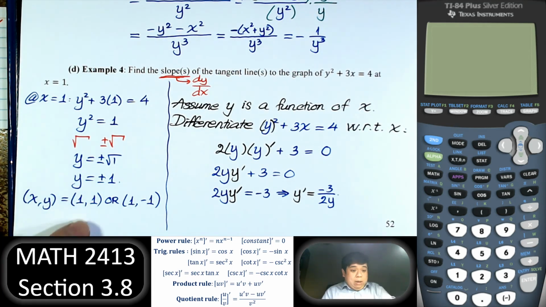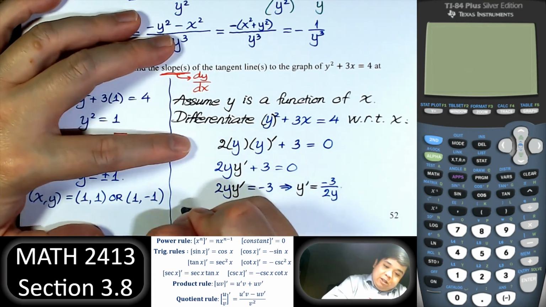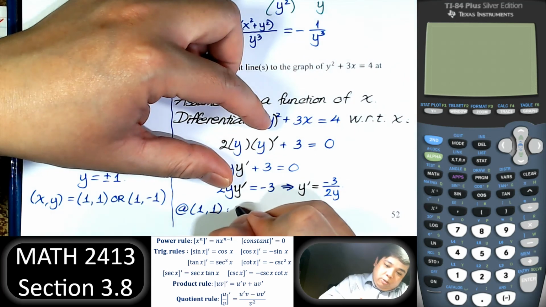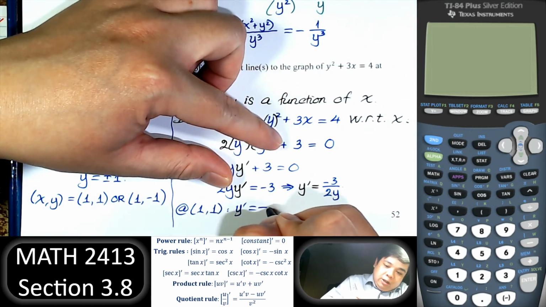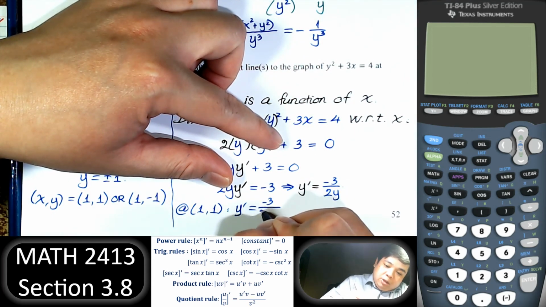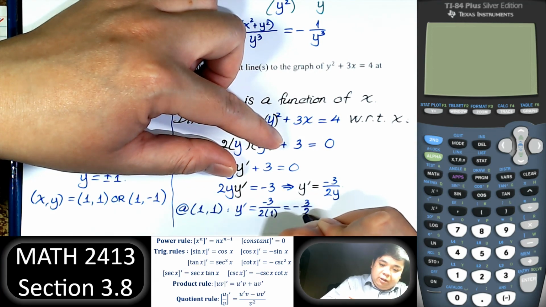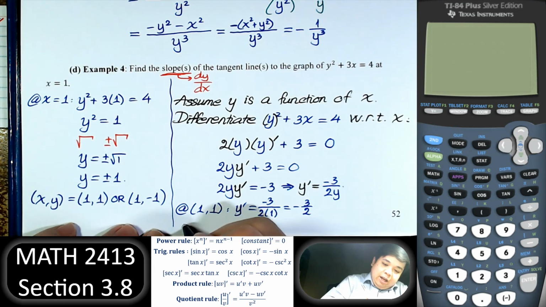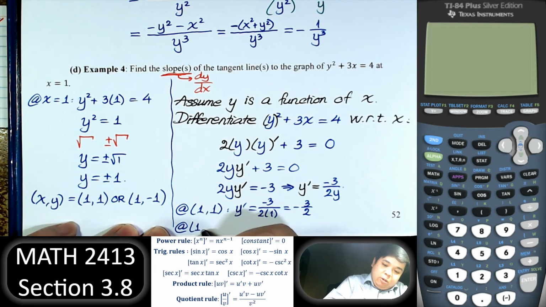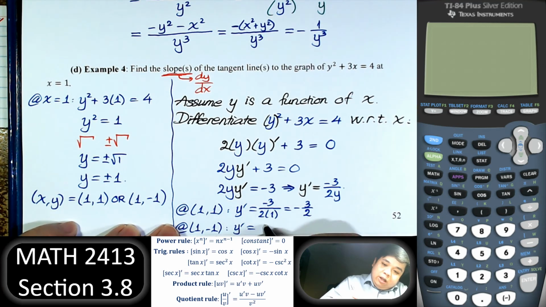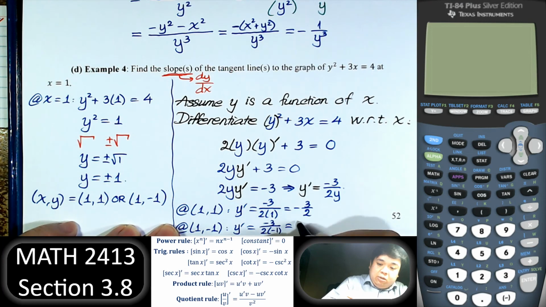We have 2 points here to just substitute in. At 1 and 1, the slope equal to negative 3 over 2 times 1, so negative 3 half, and at 1 and negative 1, y prime equal to negative 3 over 2 times negative 1, so that gives us 3 half.